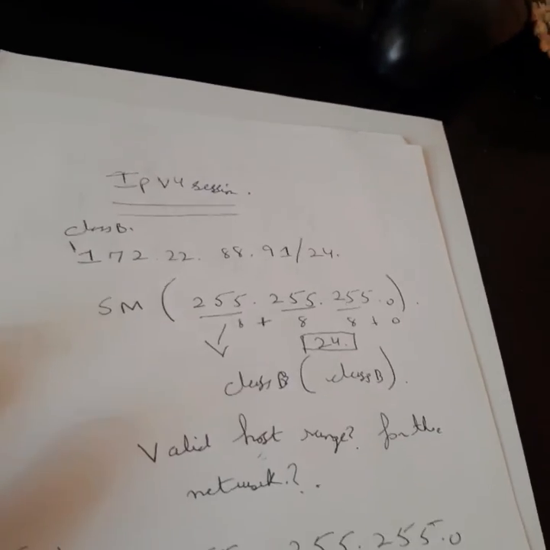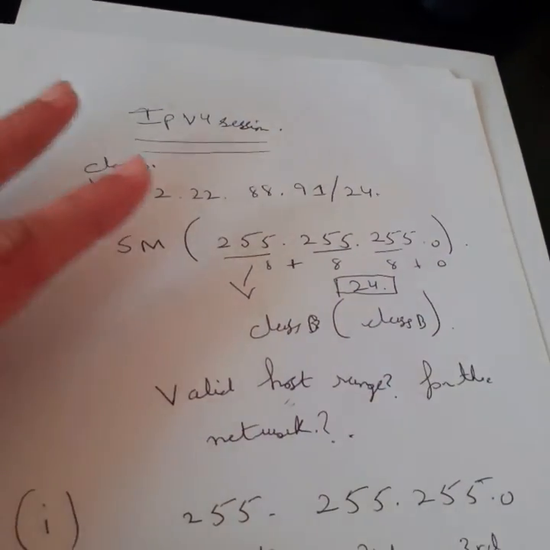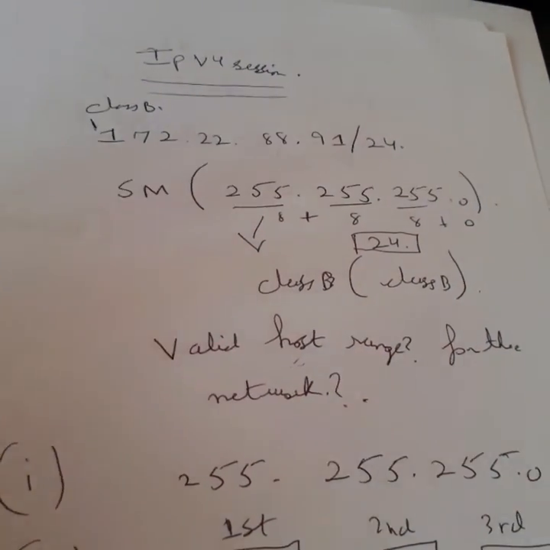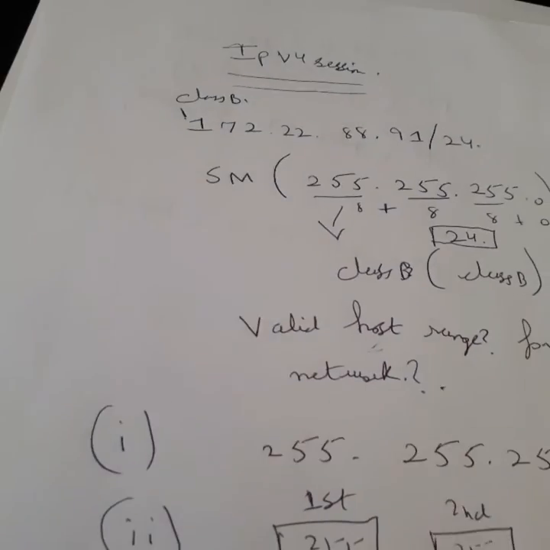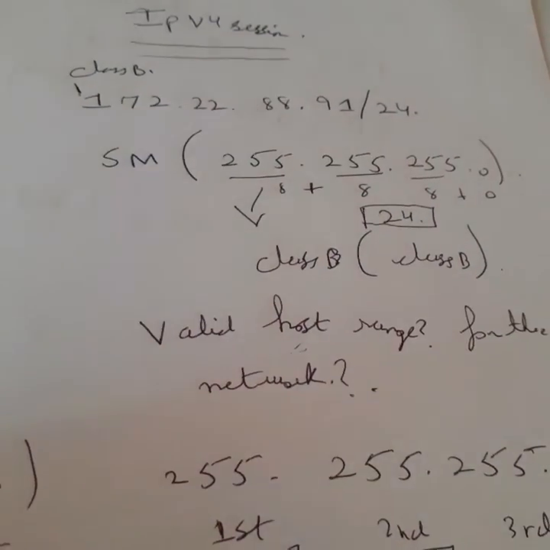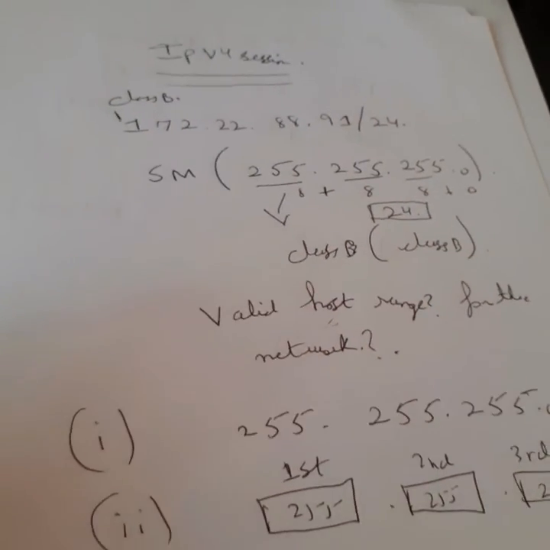So the whole idea behind this video on IPv4 addresses is a taster. When you're in the exam through Pearson or wherever, in the CCNA exam, you're sitting down and working out your IPv4 addressing.